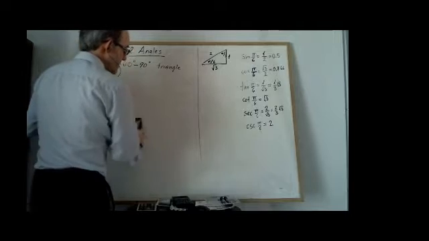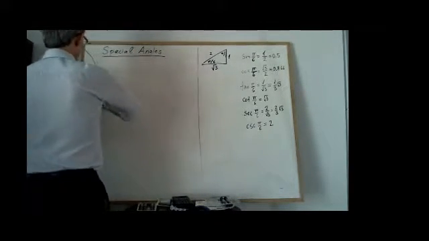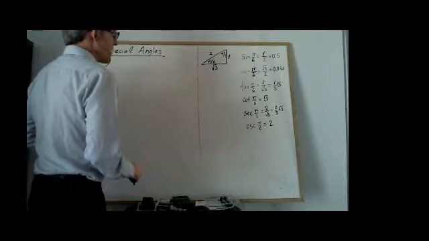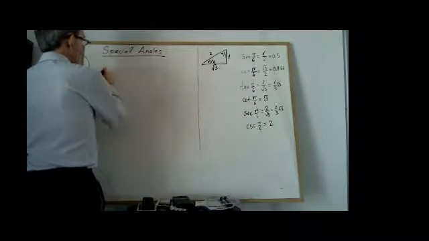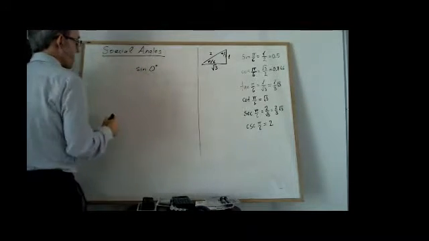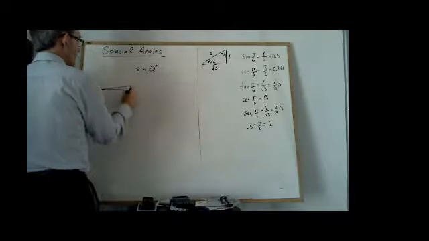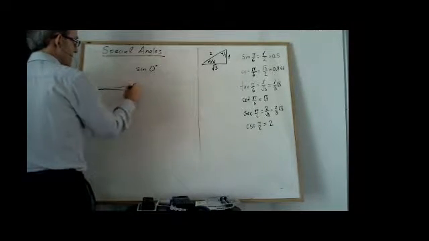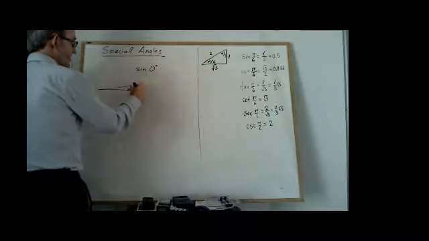Now, before I do too much here, there are some other special cases which are kind of limiting cases of the triangles. You can define the sine of 0 degrees. 0 degrees will be this triangle in the limiting case of taking the opposite side to be shorter and shorter. So b goes to 0.